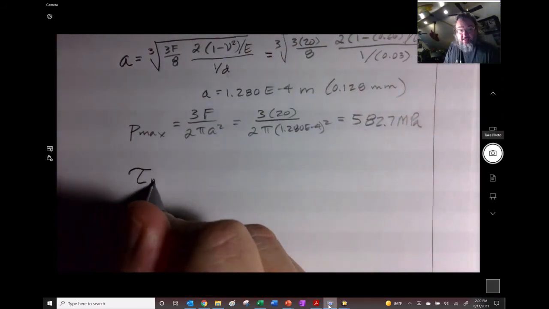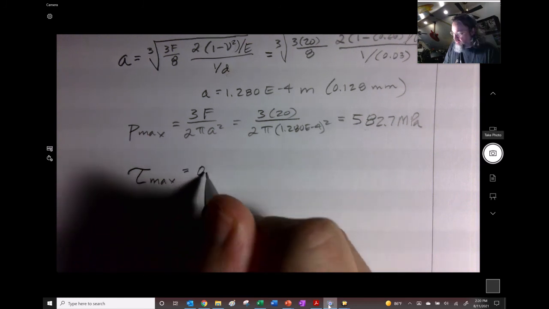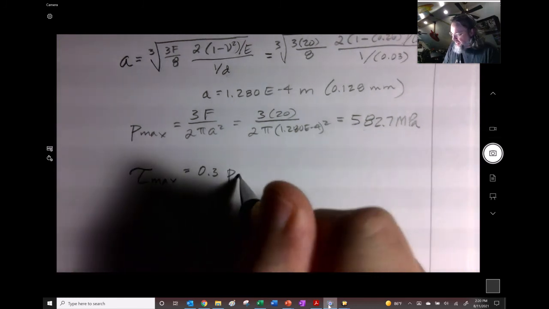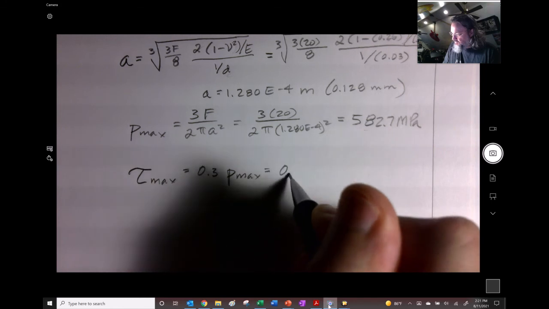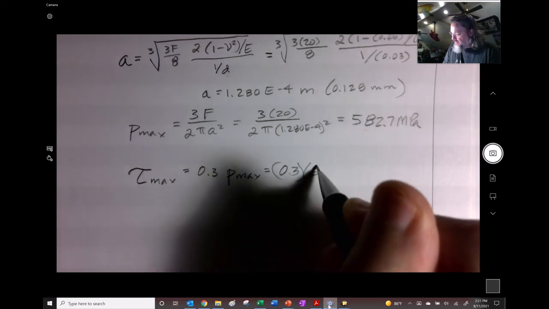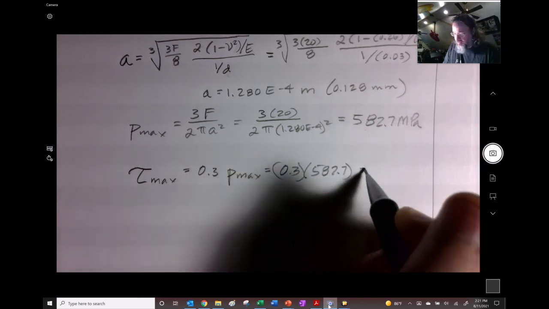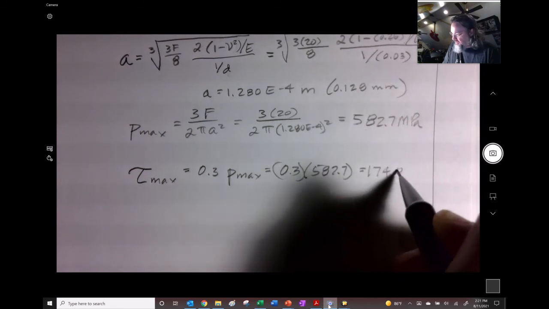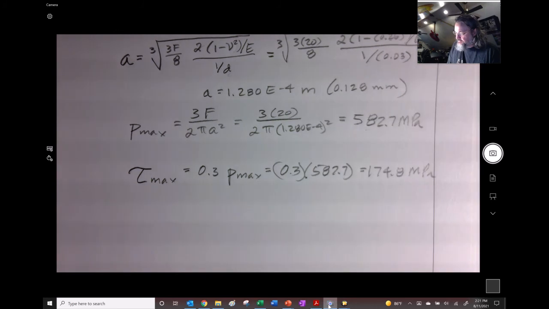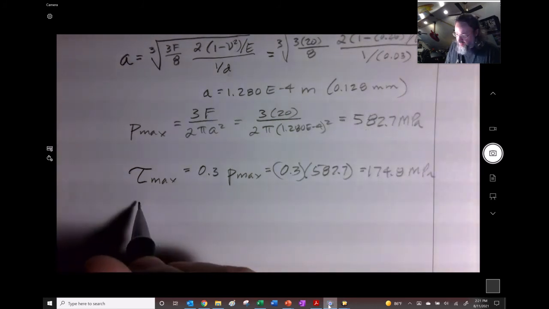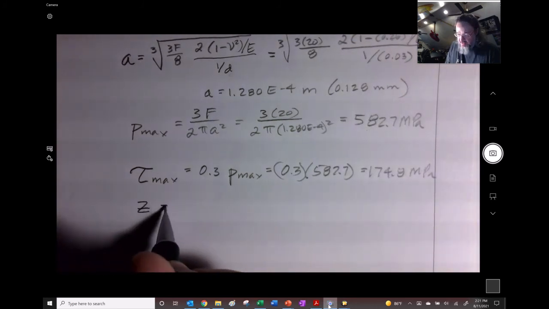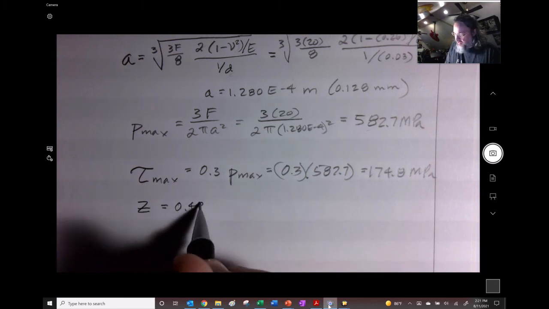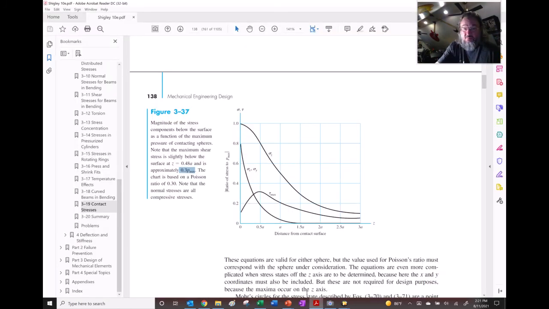So tau max, the maximum shear, is 0.3 times 582.7, which is 174.8 megapascals. And the location of it is going to be Z equal to 0.48a. Remember, that came from right here, 0.48a.